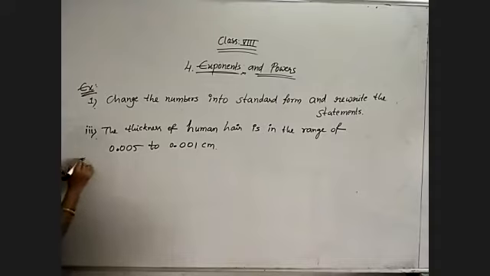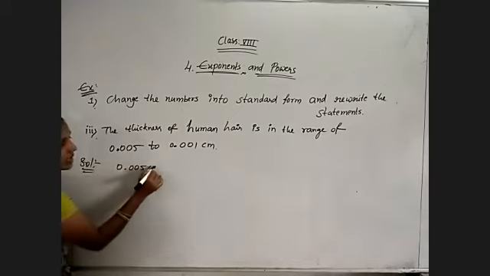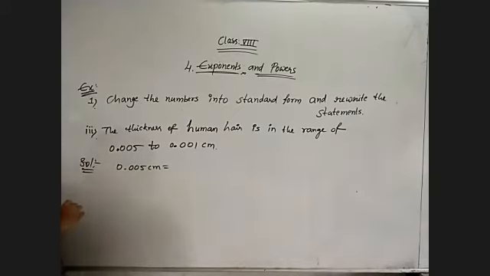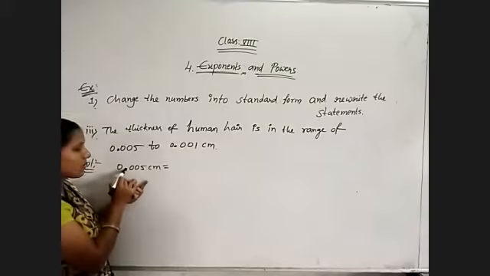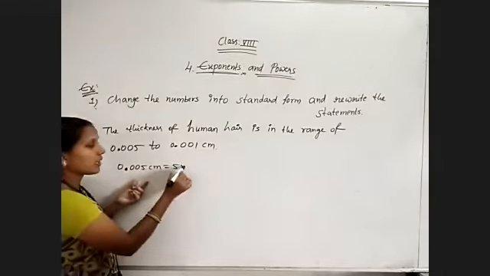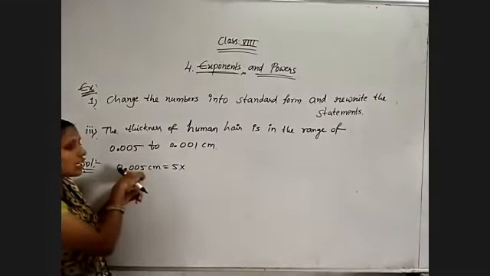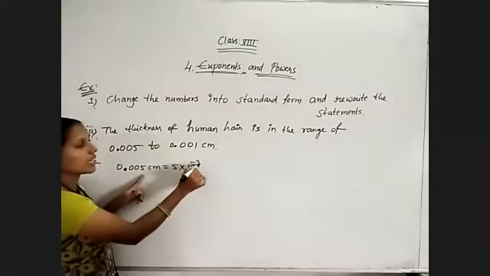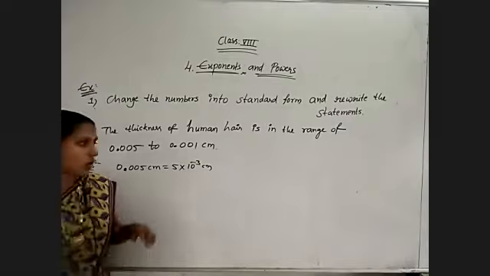For this, how do we need to write? First of all, what are the given numbers? Take those. 0.005 centimeters is equal to, because it is a decimal value, 5 is the only non-zero value, and there are 3 decimal digits. So 10 to the power of minus 3 centimeters. If you have doubt, no need to write directly.